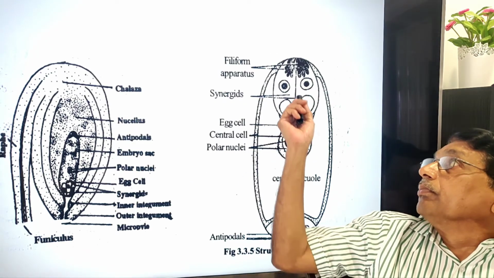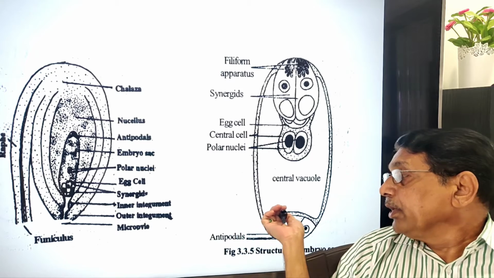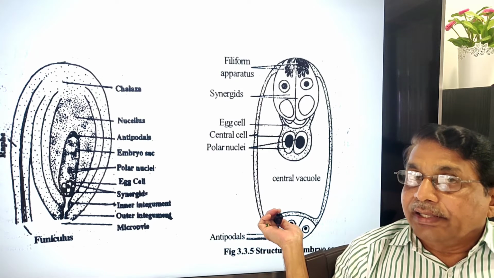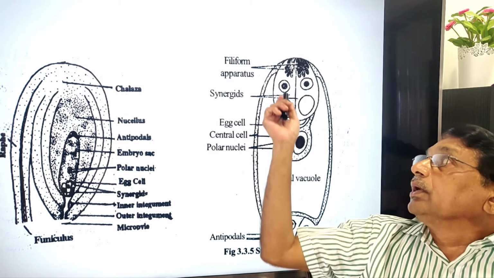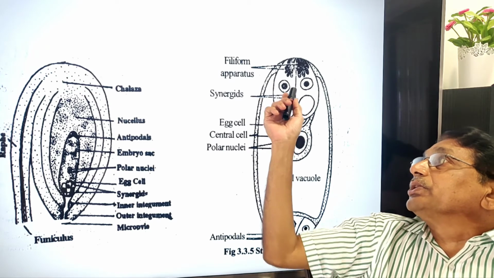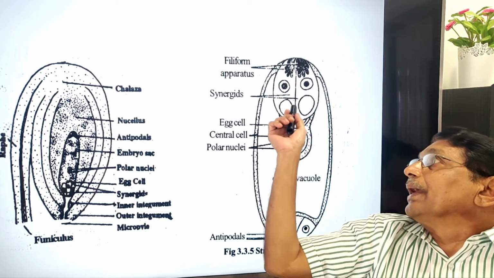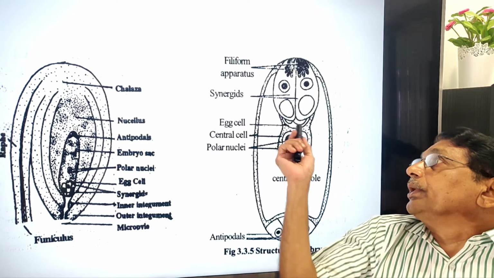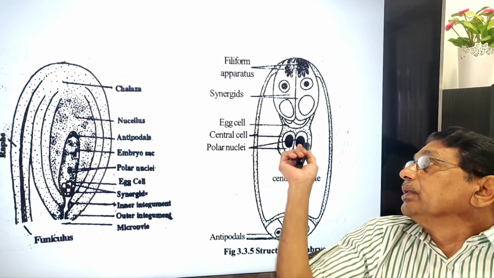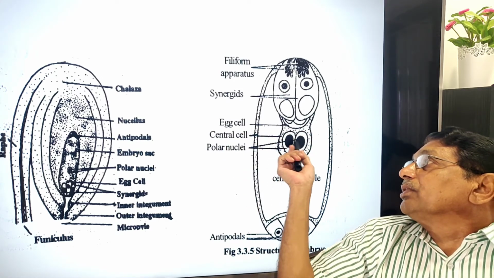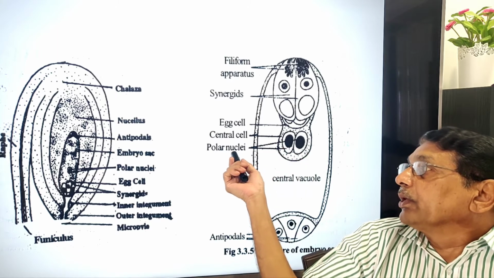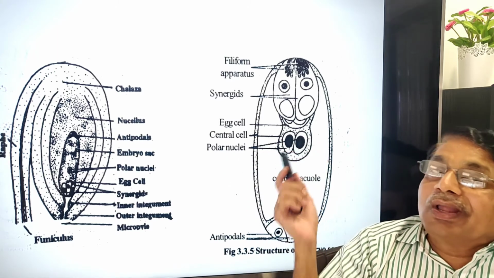So again, these are antipodals towards the chalazal end, shown in reverse. These 2 are synergids. This is the egg cell. This is the central cell with 2 nuclei, binucleate. These 2 are called polar nuclei.